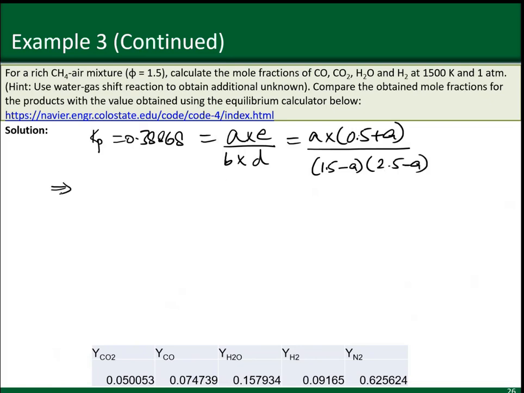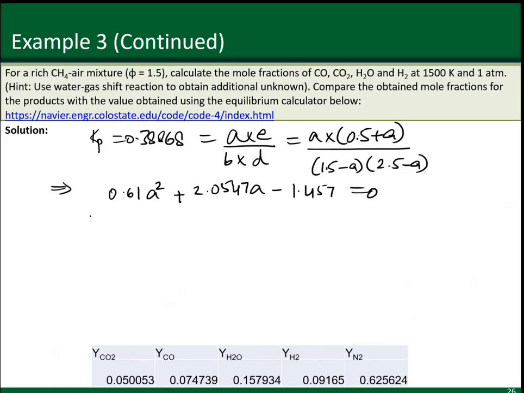Now, when you solve for it, you end up with a quadratic equation, of course, in terms of A. I'm just going to skip through and write down the final quadratic equation. You end up with something like 0.61 A squared plus 2.0547 A minus 1.457 is equal to 0.